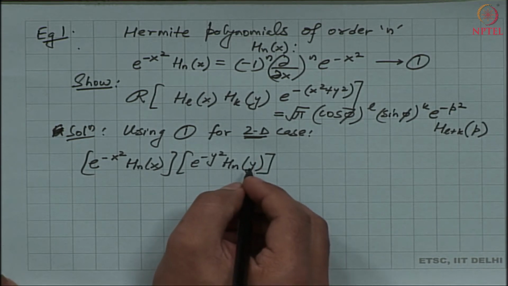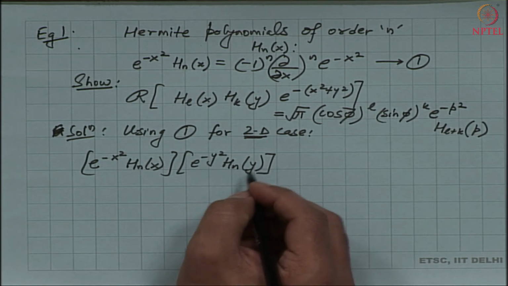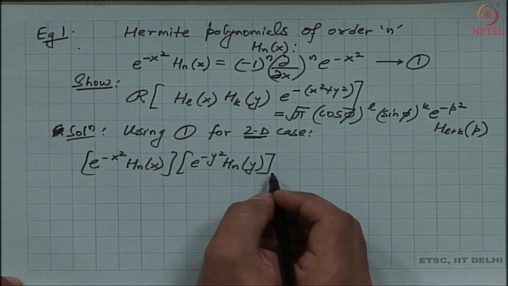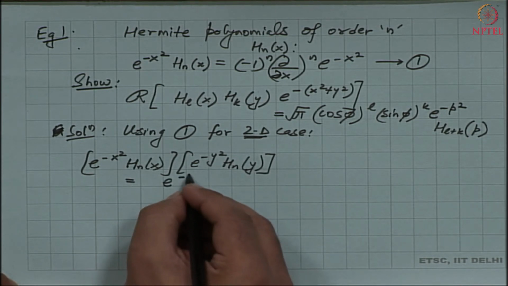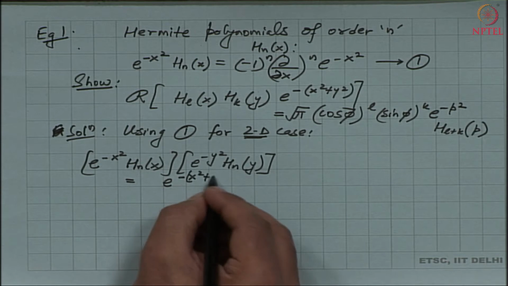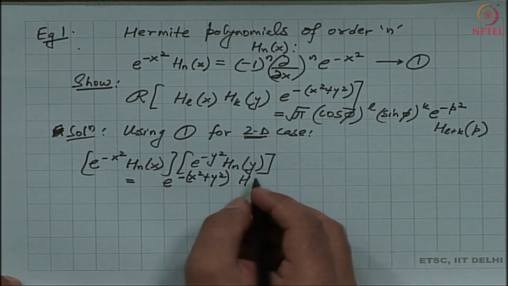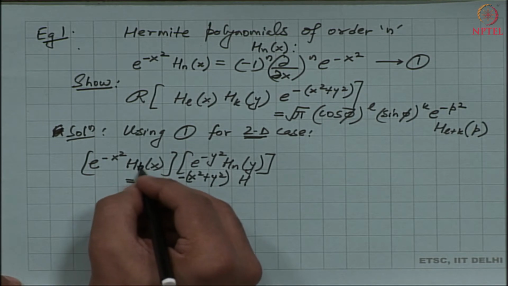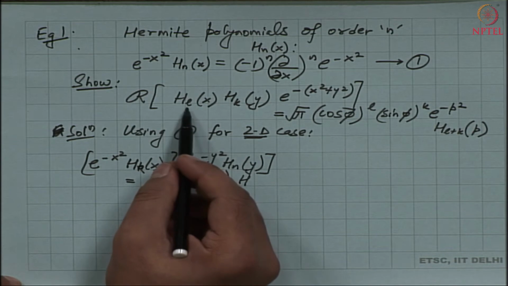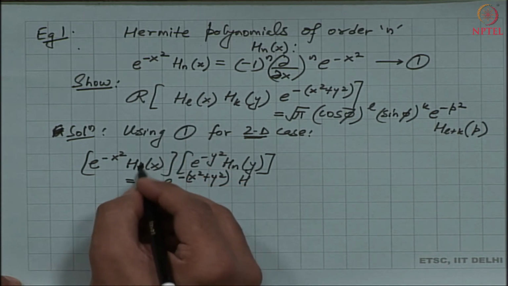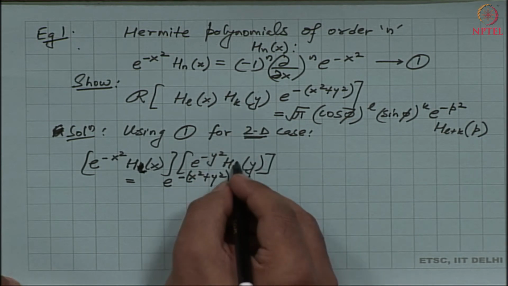I have to find the product of these two Hermite functions. I see that this is also equal to e to the power minus x square plus y square times the Hermite polynomial of order L with respect to x and order k with respect to y.